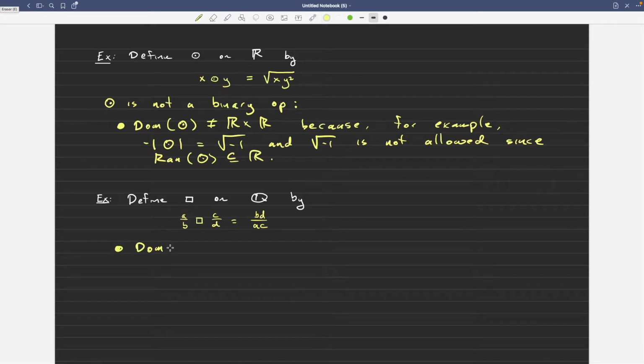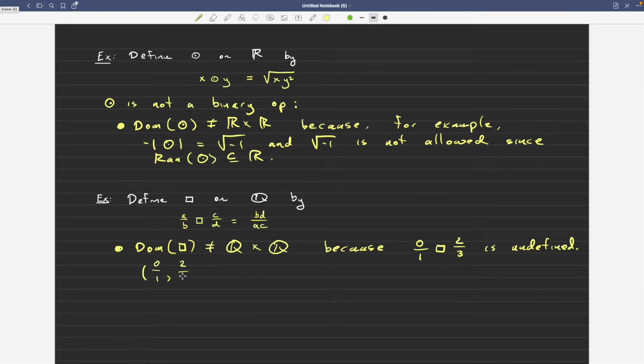So I could say the domain of square is not Q cross Q because, for example, I can't do this: 0 over 1 square 2 over 3, that's undefined. So technically, the ordered pair 0 over 1, 2 over 3 is in Q cross Q, but that ordered pair is not in the domain of square.